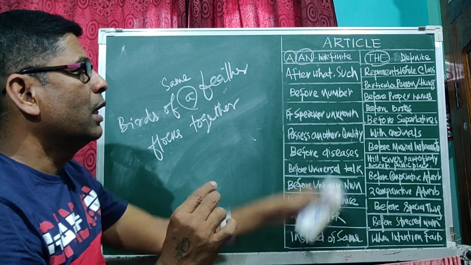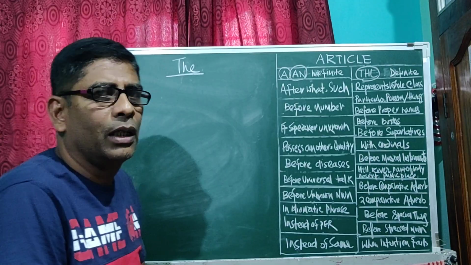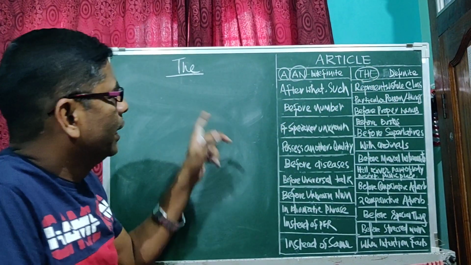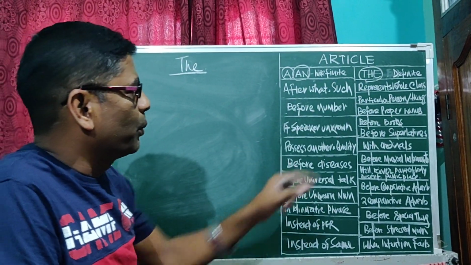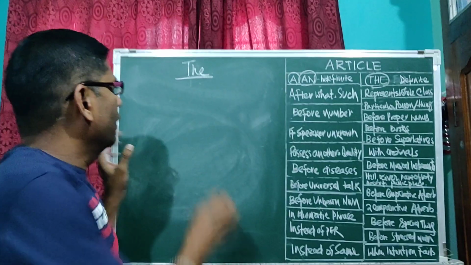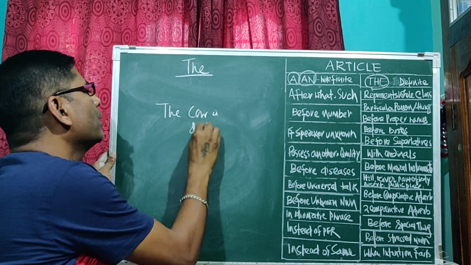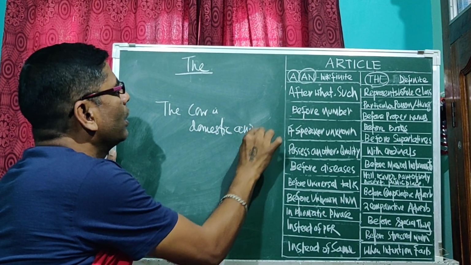Now we will discuss the definite article, THE. THE is used for a definite purpose. It represents a whole class. The cow is a domestic animal.